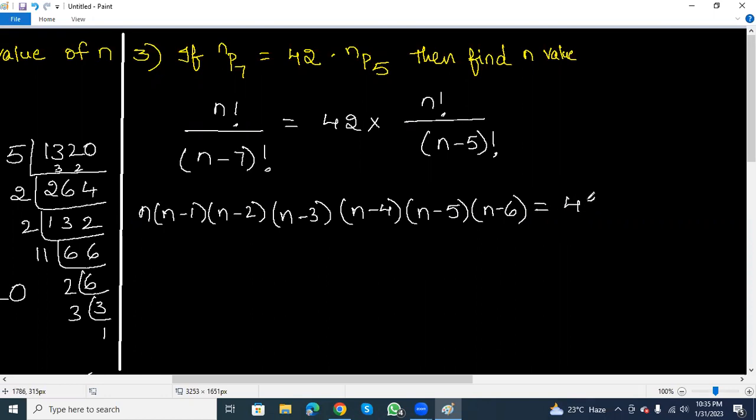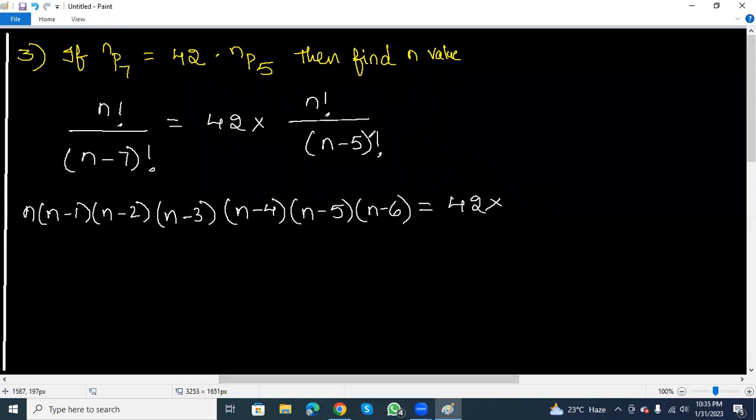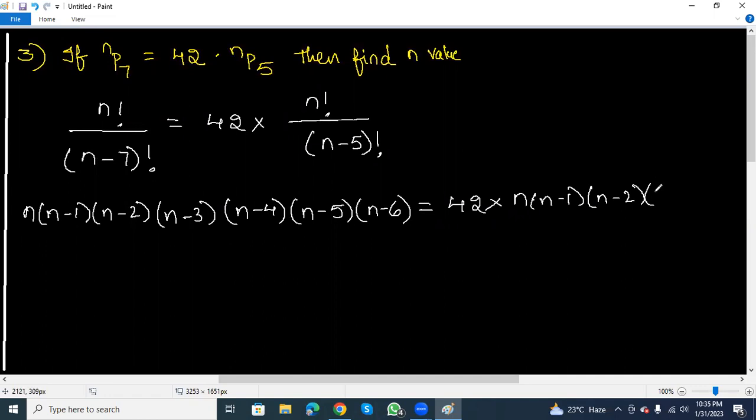That is equal to 42 into this n factorial, which we can also write until n minus 5 factorial. So n into n minus 1, n minus 2, n minus 3, n minus 4, because n minus 5 factorial in the numerator and the denominator get cancelled.